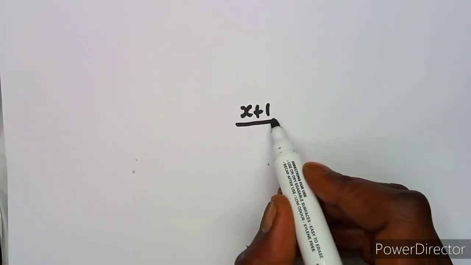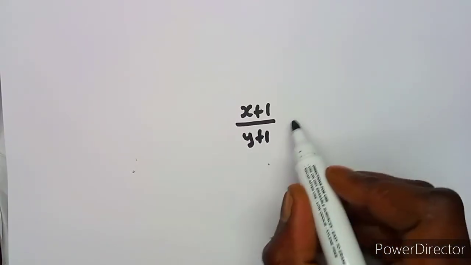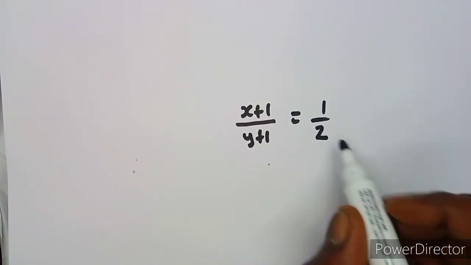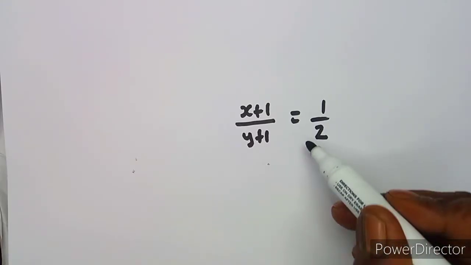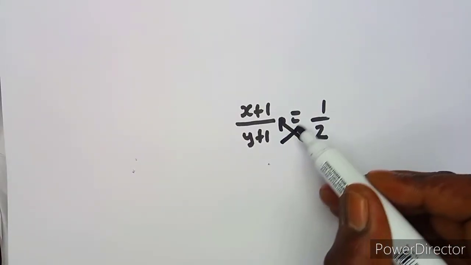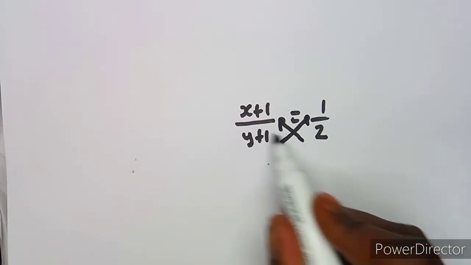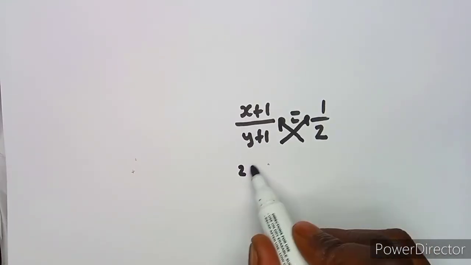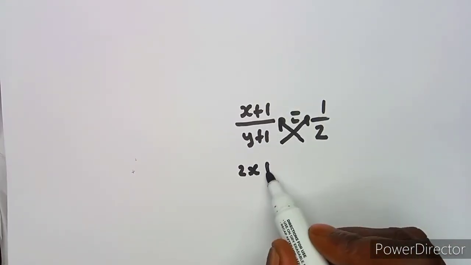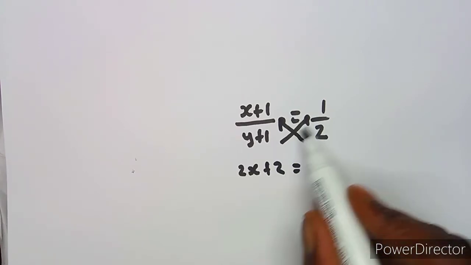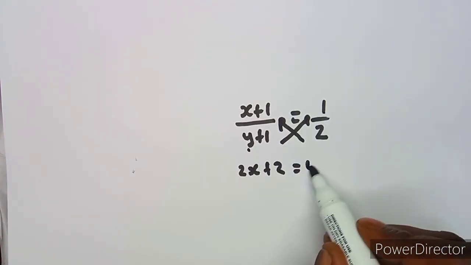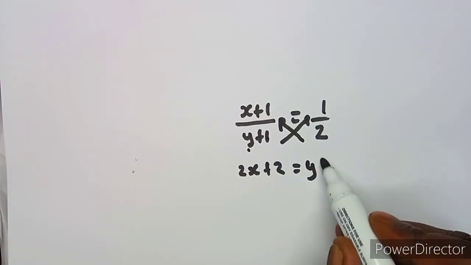That's x plus 1 over y plus 1 is equal to 1 over 2. So what can we do? We can remove the fraction by cross multiplying, so at least we can simplify this. That's 2 times x, which is 2x, 2 times 1, which is 2. Then 1 times y, which is y, 1 times 1, which is 1.